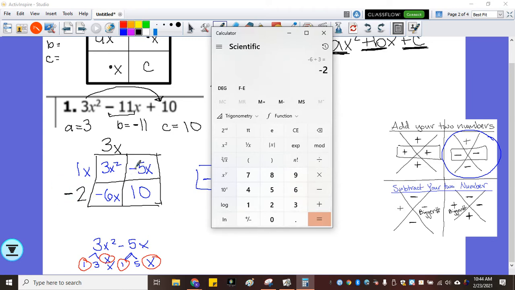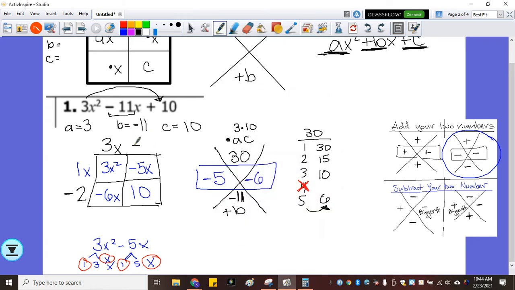Again, -5 divided by 1 is -5. And to make sure, especially if you have negatives, make sure your signs are right. -2 times -5 is a positive 10. So you know your answer's right. The outside is your answers when you factor.